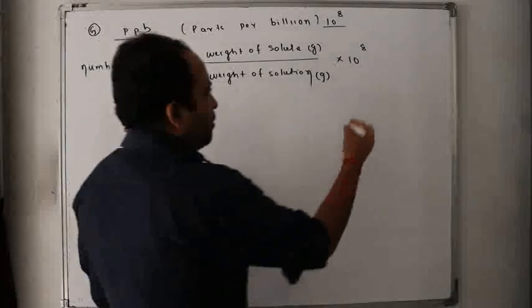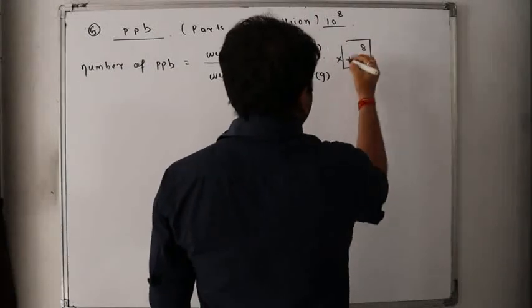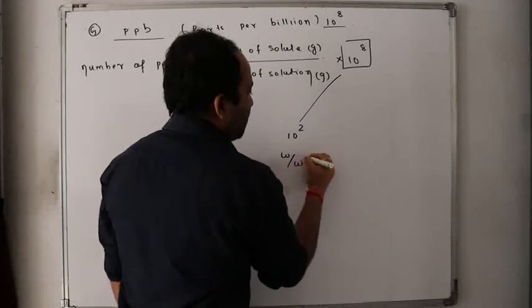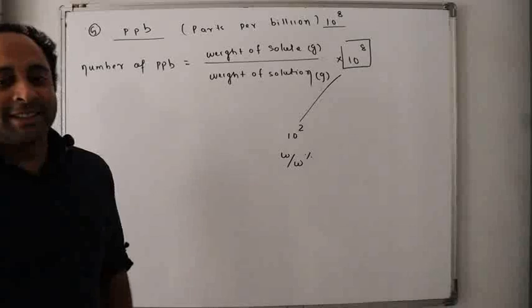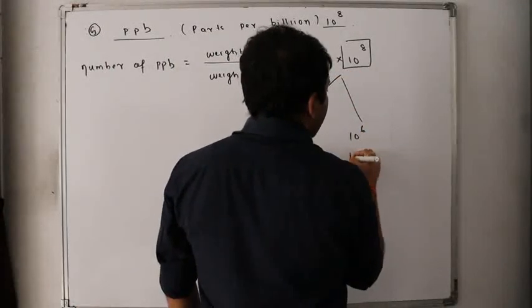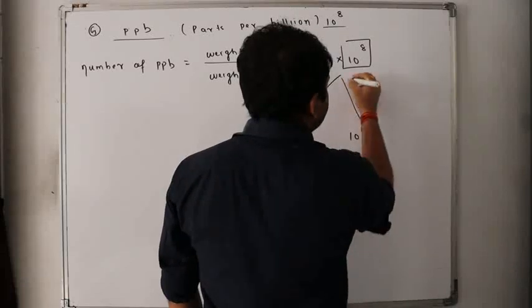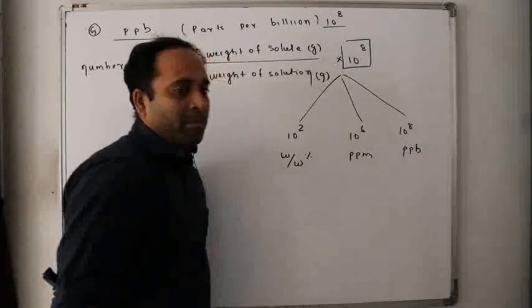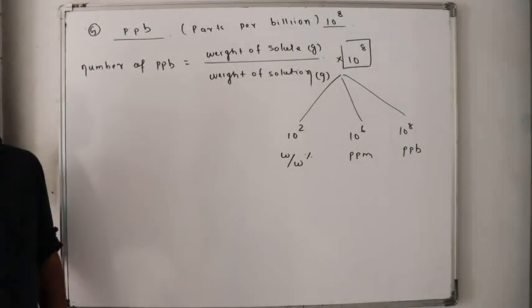Now, in place of this 10 to the power 8, stay connected. If I write 10 to the power 2, then what will I get? W by W percent. Isn't it? If I write 10 to the power 6 in place of 10 to the power 8, what will I get? ppm. And 10 to the 8 gives ppb. Yes or no? Isn't it easy?